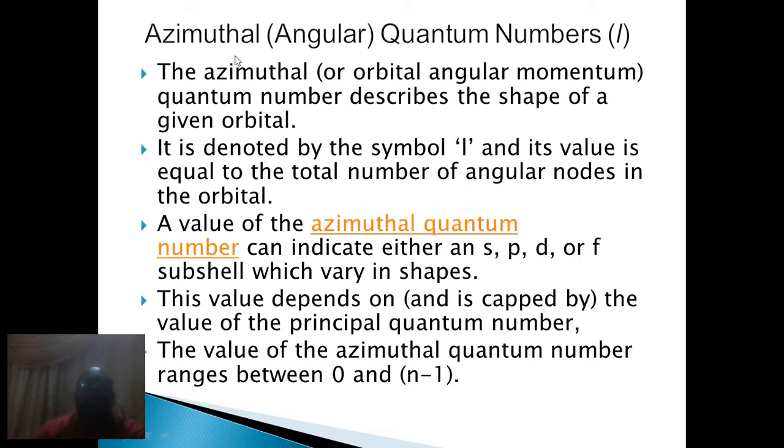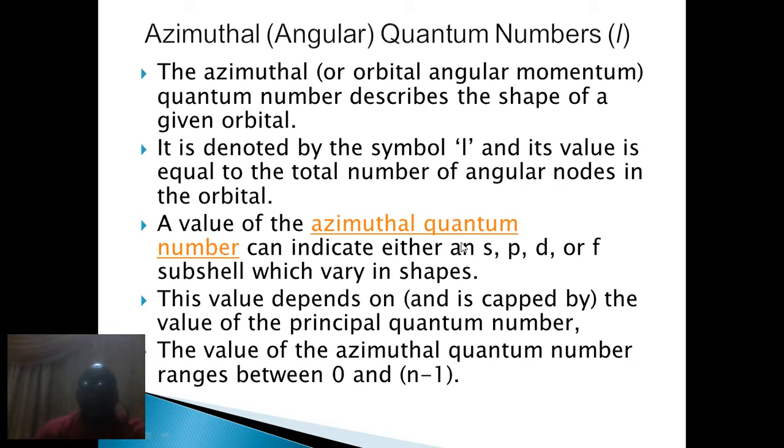Then the second one, the azimuthal or angular quantum number, l. The azimuthal or orbital angular momentum quantum number describes the shape of a given orbital. Remember, we have orbitals in the shell. So the azimuthal number describes the shape of the orbital. It is denoted by the symbol l, and its value is equal to the total number of angular nodes in the orbital.